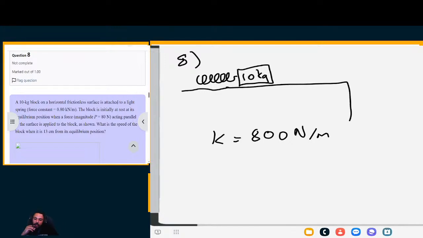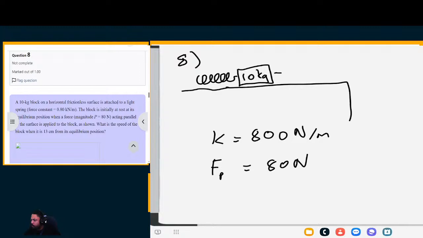Then they tell us that the block is initially at rest at its equilibrium position when a force of magnitude, so the force P has a magnitude of 80 newtons, and this force is acting parallel to the surface and is applied to the block as is shown.